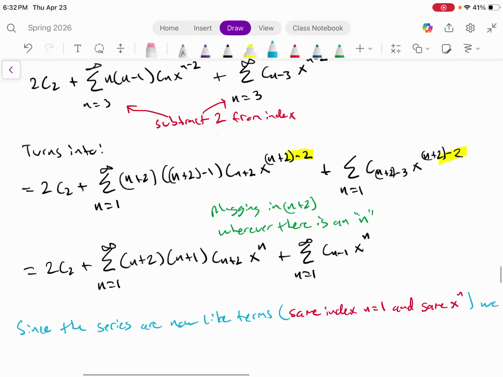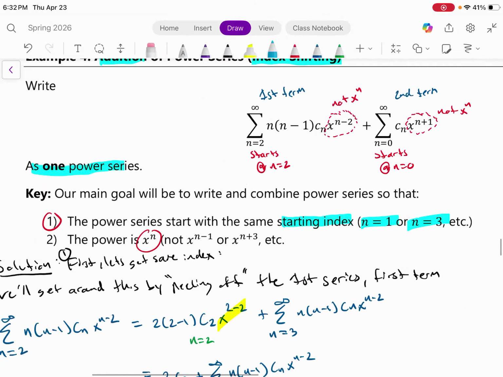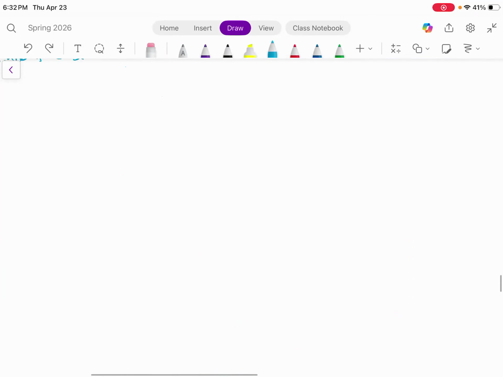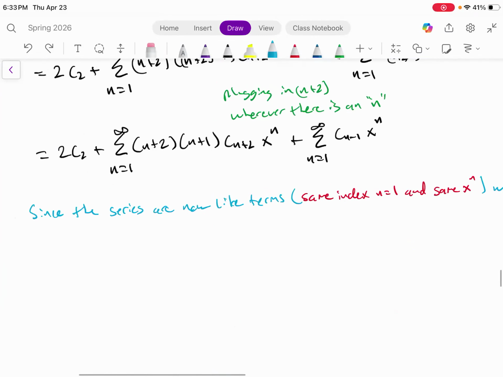So remember, our goal from the beginning was to combine into one power series. Okay, that was our goal. So everything is the same now in terms of index and power, so we can combine them now.